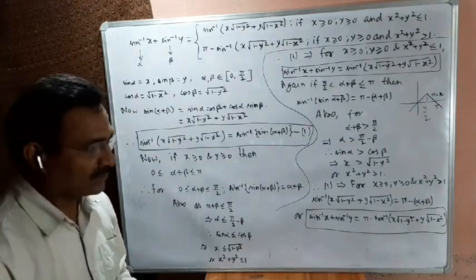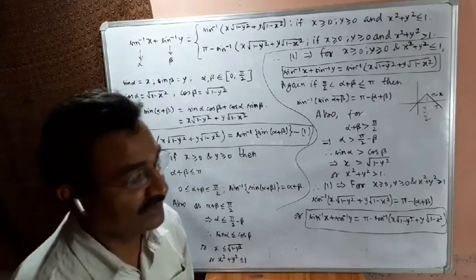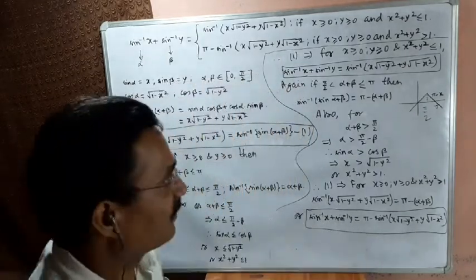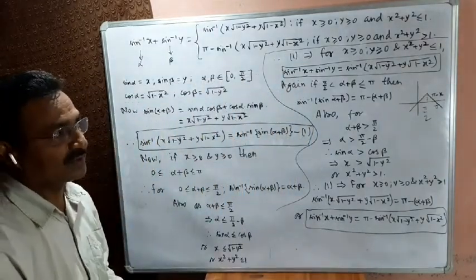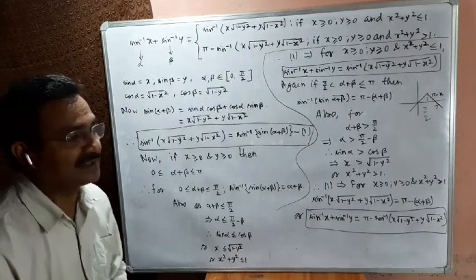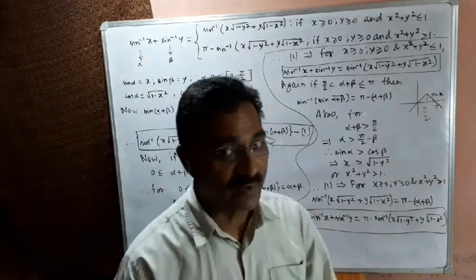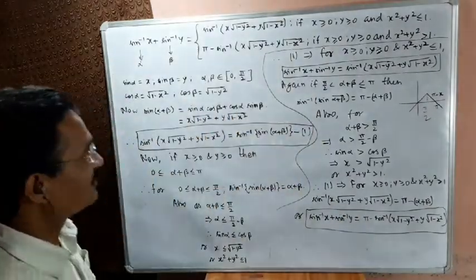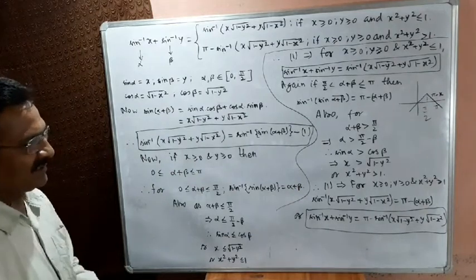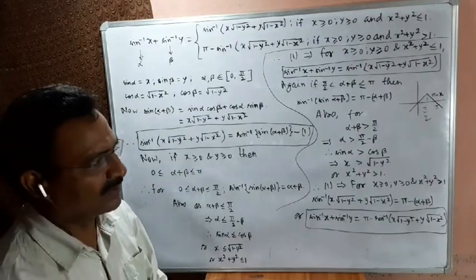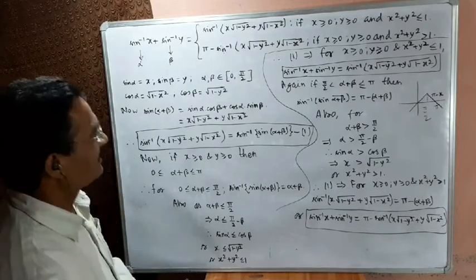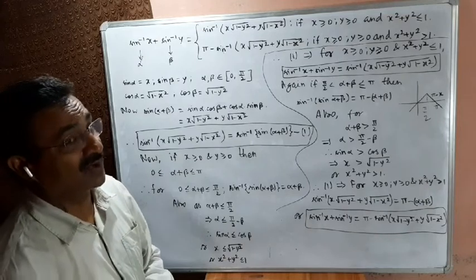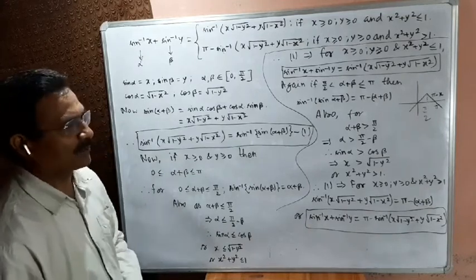Although I have already told you that if we have to face some numerical problem regarding sine inverse, cos inverse, then it would be better for us to convert all those in terms of tan inverse, and we will find the result in tan inverse, and then if the result is required in other form, then again we will convert to that other form, because the formula of tan inverse is, we can say, easy to remember, and from that we can solve the maximum number of problems. I am not saying that every question will be transformed like that, but most of the problems.